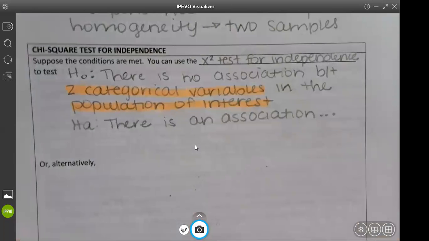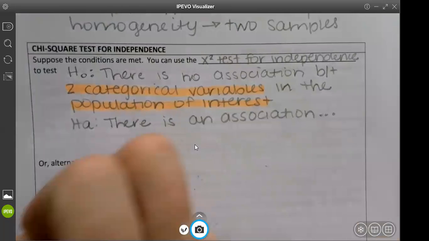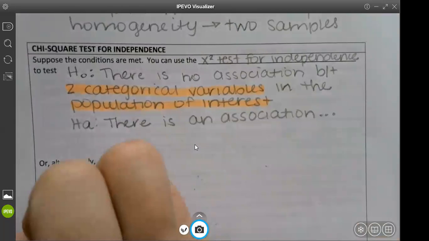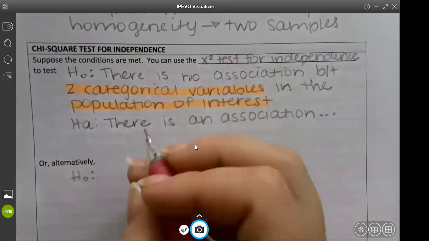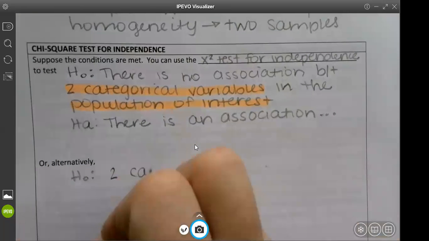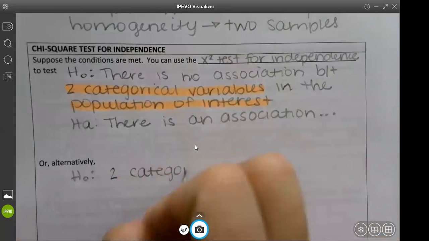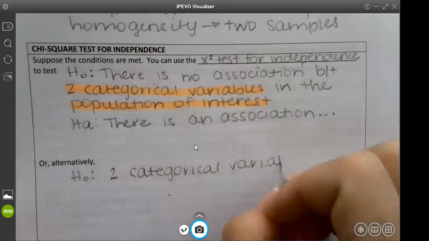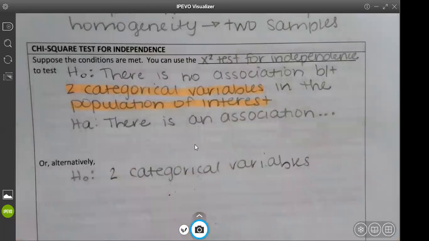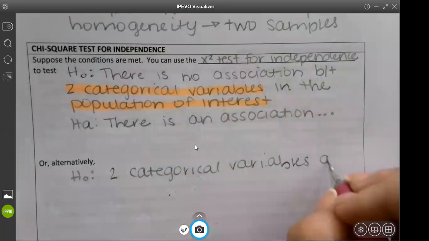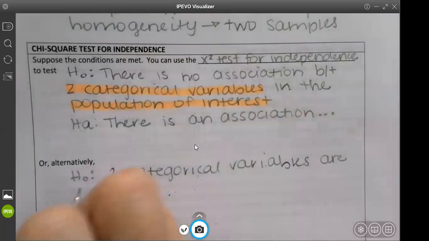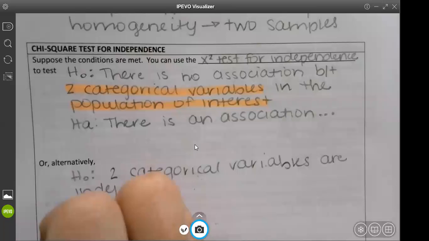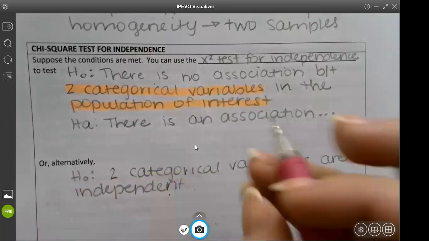Another way that you can state it is that 2 categorical variables are independent in the population of interest.